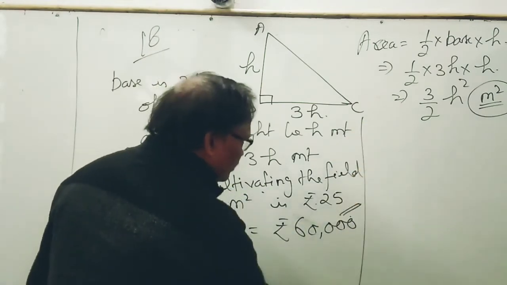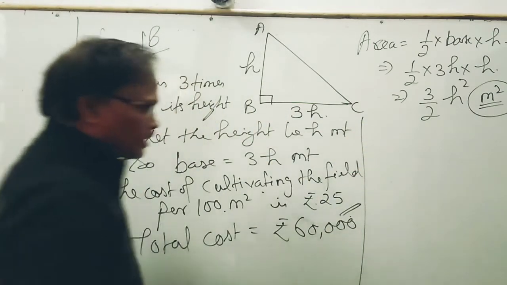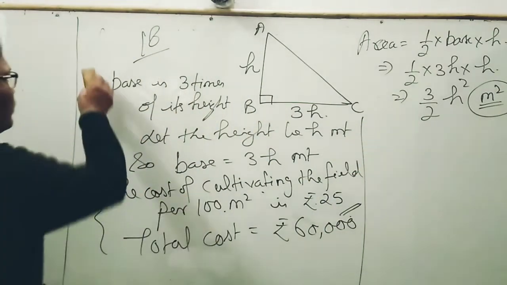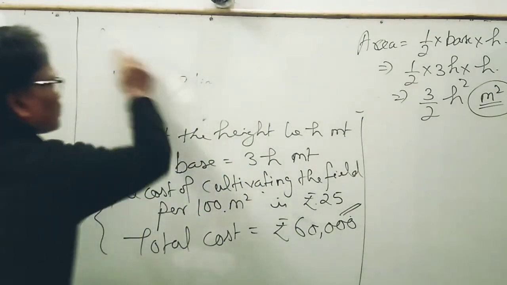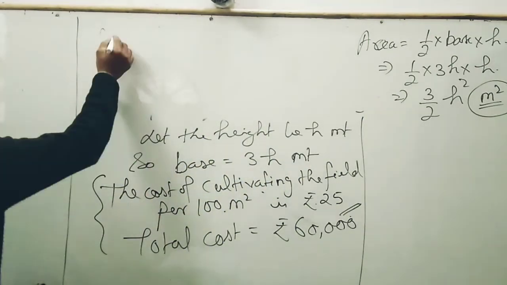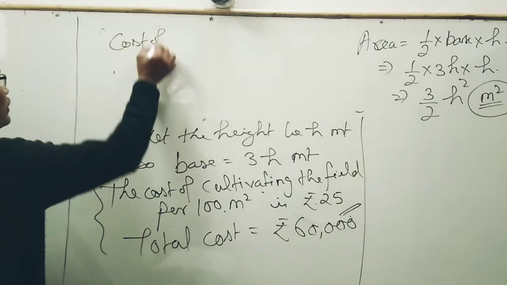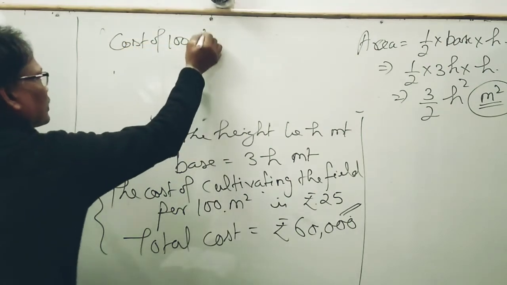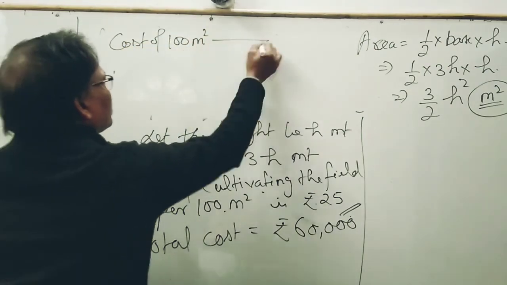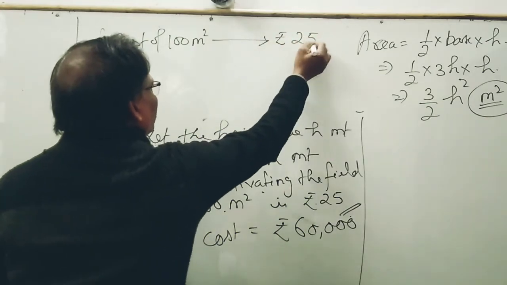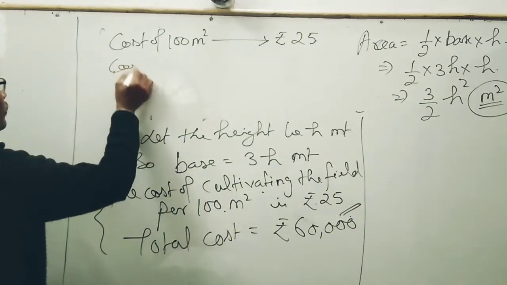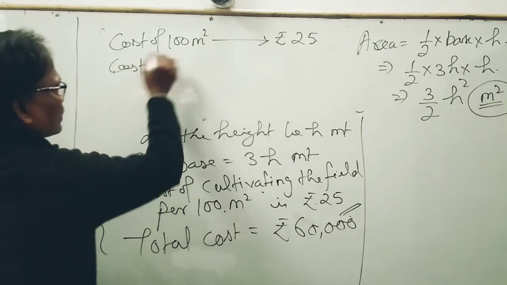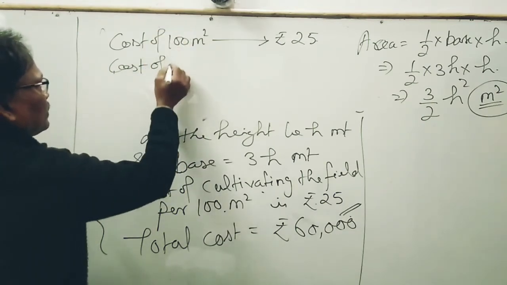तो पहले तो हम कास्ट ऑफ 1 मीटर स्क्वायर फील्ड निकालेंगे. तो वो कितनी होगी? कास्ट ऑफ 100 मीटर स्क्वायर इज रुपीज 25. तो कास्ट ऑफ कल्टीवेशन लिखना है यहाँ पे.